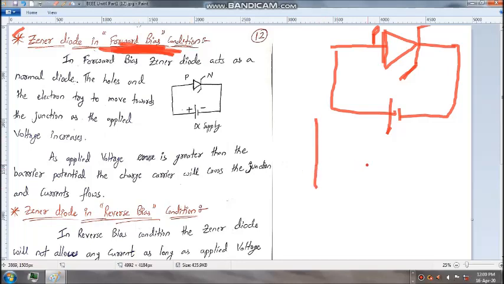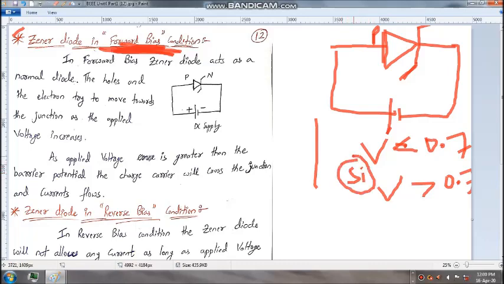What I taught: for voltages less than 0.7 volts, it will not conduct any electricity, and for voltages greater than 0.7 volts, it will conduct electricity for a silicon type. Go through the explanation which I gave you in the PN junction diode. It will work similar to a PN junction diode.